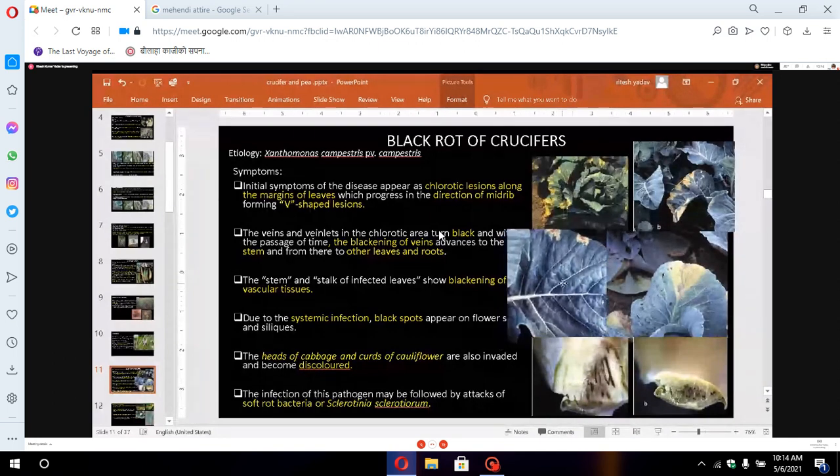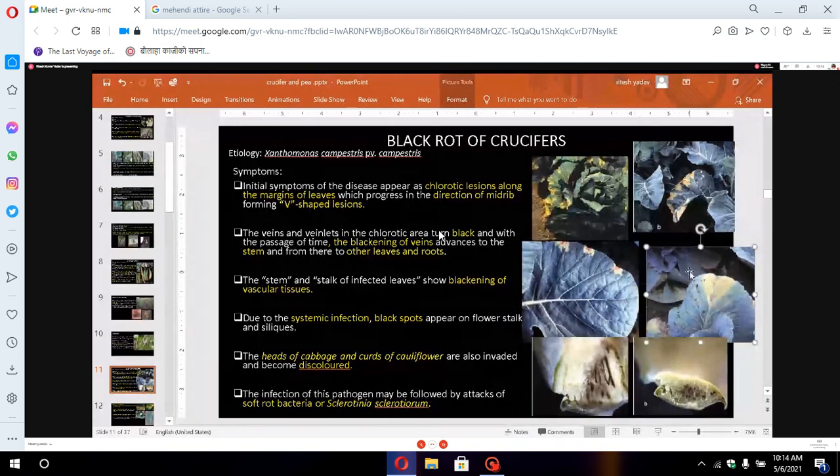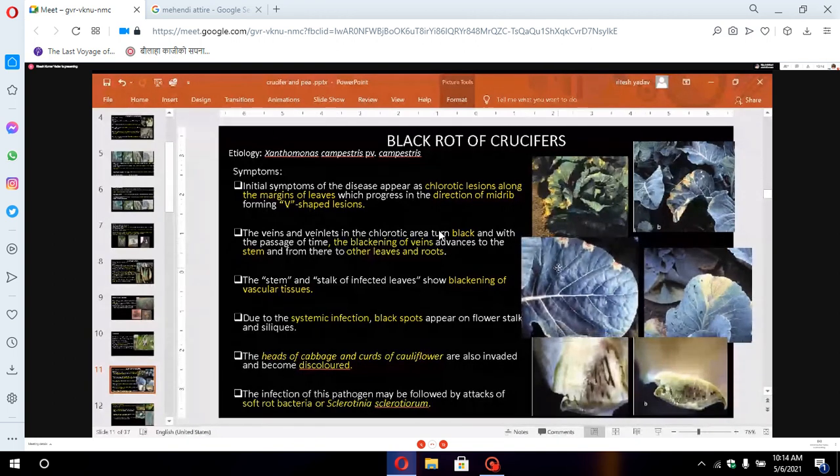They are systemic, so they can again cause infection on the curds of cauliflower, broccoli, or cabbage, kohlrabi and so on. Sometimes black spots are seen on top of the cauliflower. That may be due to several reasons. It may be due to downy mildew, it may be due to black spot, sorry, it may be due to Xanthomonas, or it may be due to some saprophytic growths such as Alternaria brassicae or brassicicola.